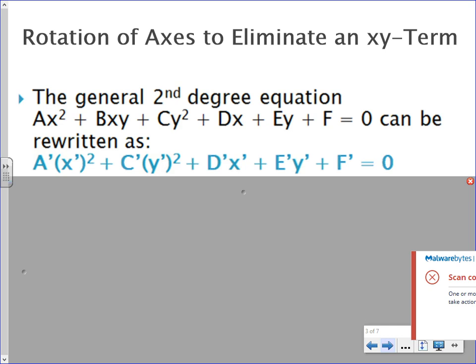How do we do that? There is a method. We don't just magically change things around. We first need to figure out what the angle is. And then we're going to make some substitutions for x and y so we can change things to x prime and y prime.